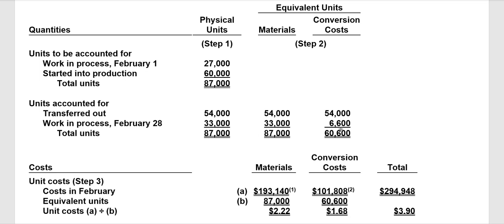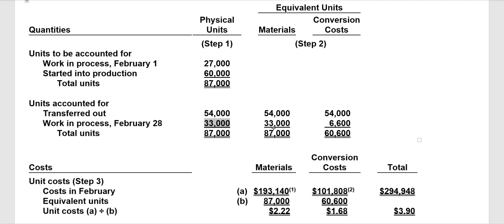However, with regards to conversion cost, we would take 20% of 33,000 because only 20% of the conversion cost has been added. So 33,000 incomplete units would be equivalent to 20% or 6,600 equivalent units.